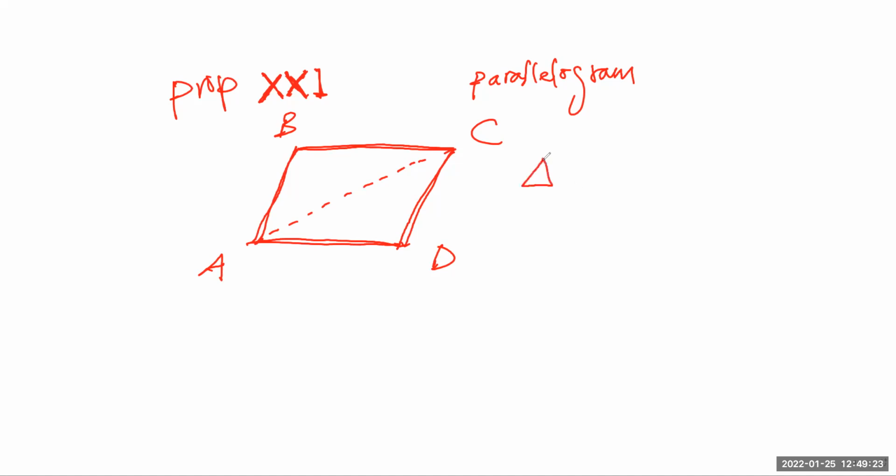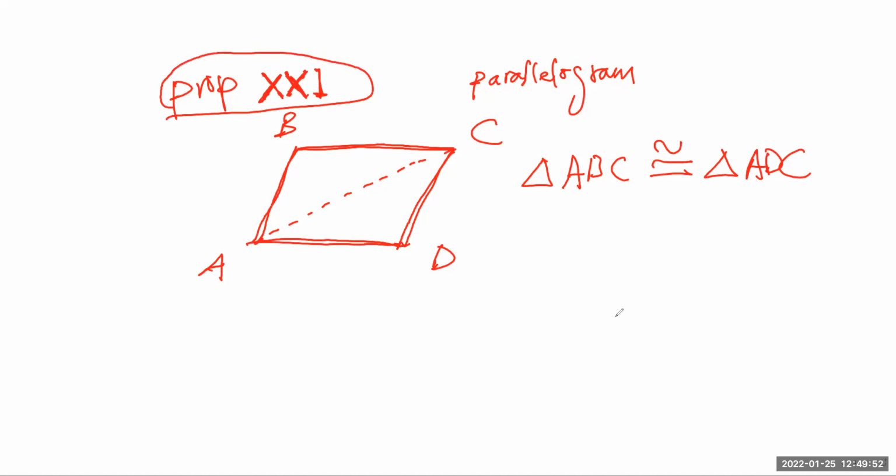So you also have triangle ABC is congruent to triangle ADC. Good? Yep. ABC, okay. All right. And that's the proposition.